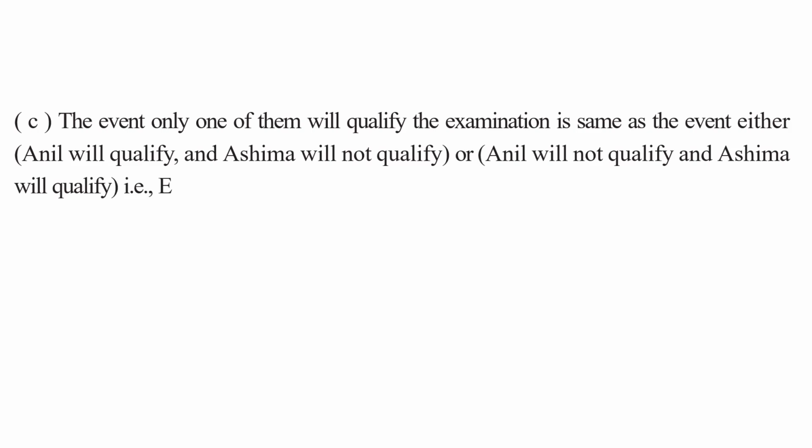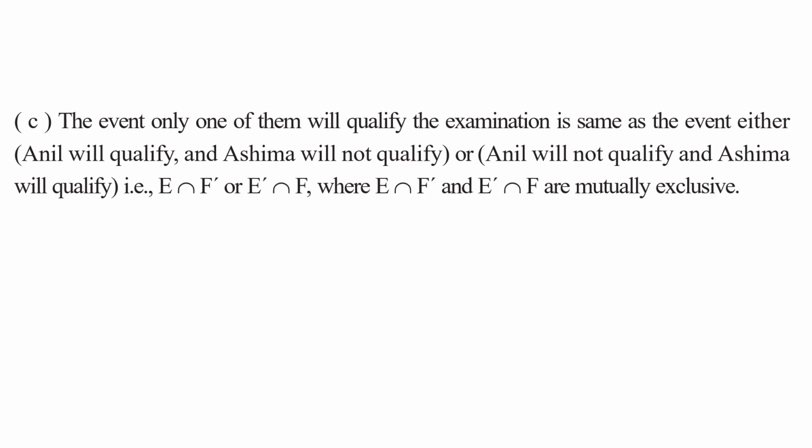That is E intersection F dash or E dash intersection F, where E intersection F dash and E dash intersection F are mutually exclusive events. Understood these three lines, my children?